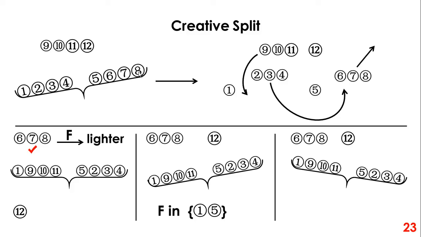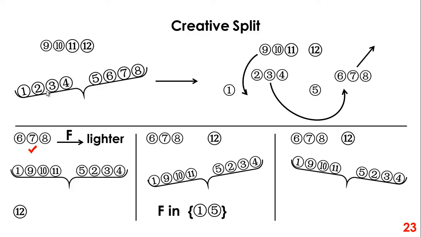Why? Because in the original state, 2, 3, 4 at the left-hand side made the left side heavier. But now when we move them to the right-hand side, the right-hand side becomes lighter.